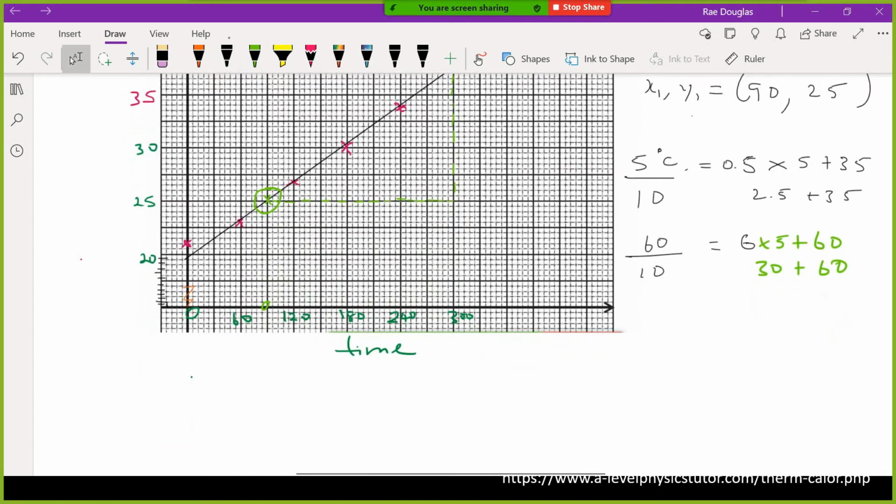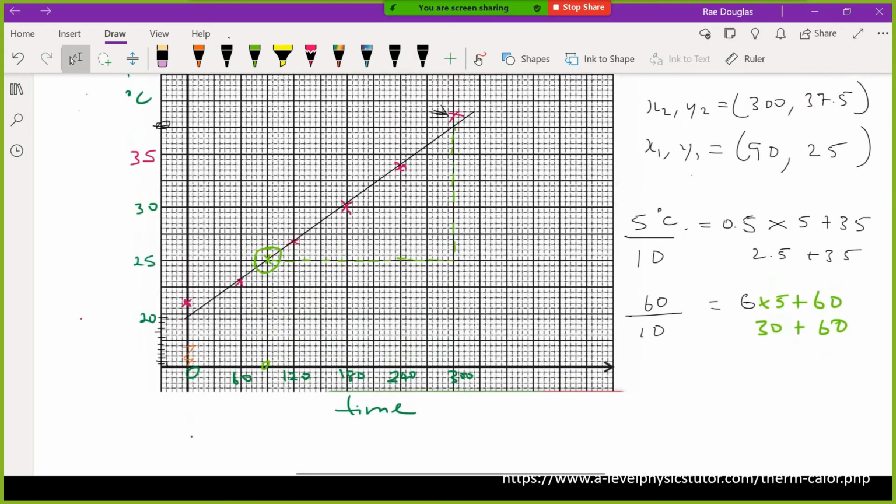So having said all of this, I could now easily calculate my gradient. Your gradient is going to be y2 minus y1 divided by x2 minus x1.